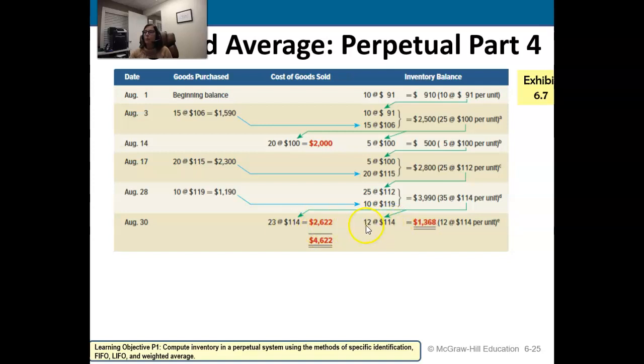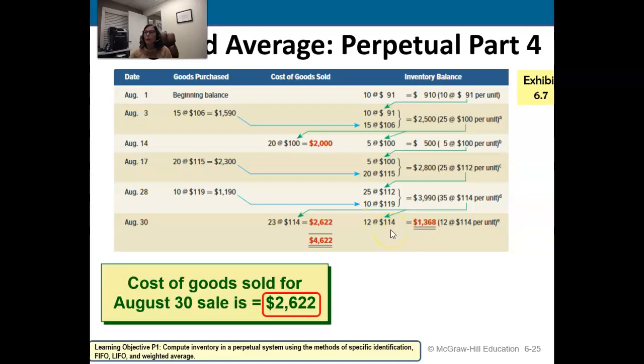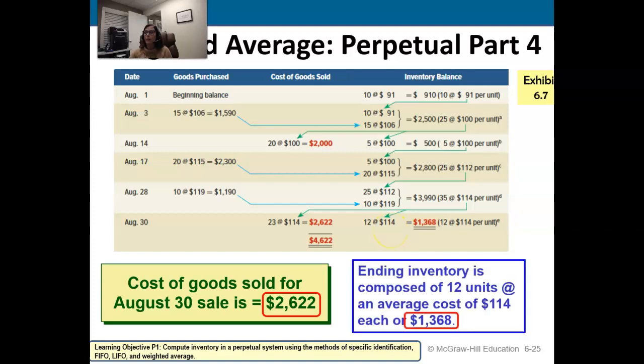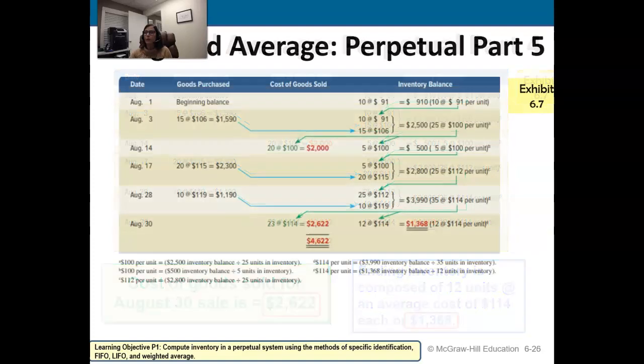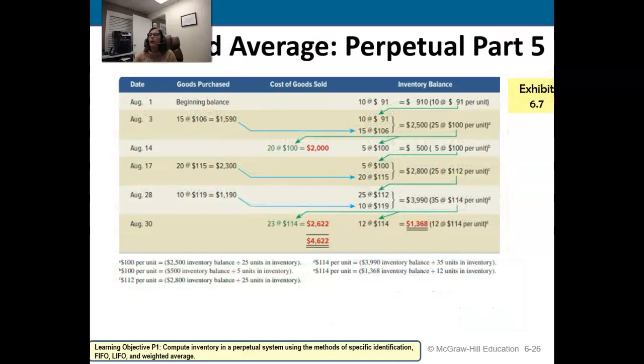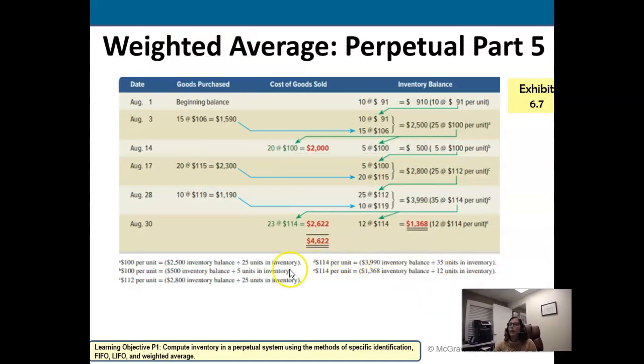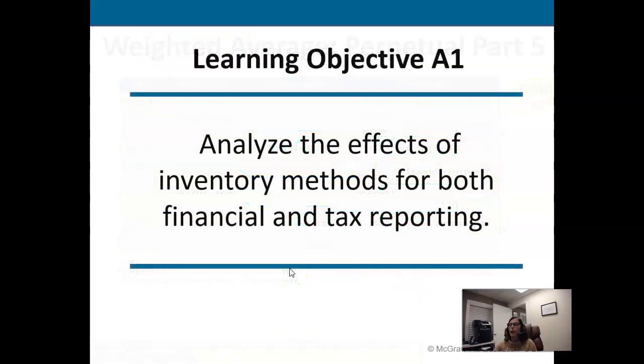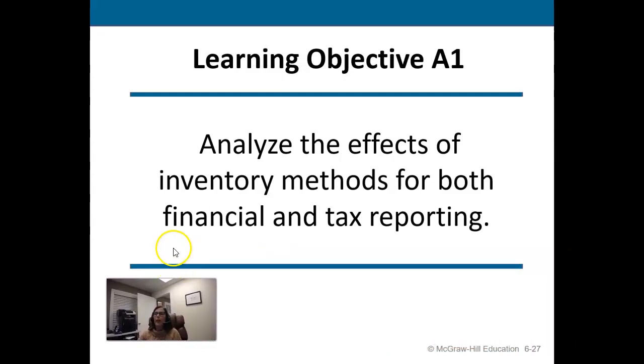And that means that what's left in our inventory is also at that single weighted average price. And these are, again, just all of the individual calculations. So I'm going to stop this video here and we'll go on to the next learning objective.